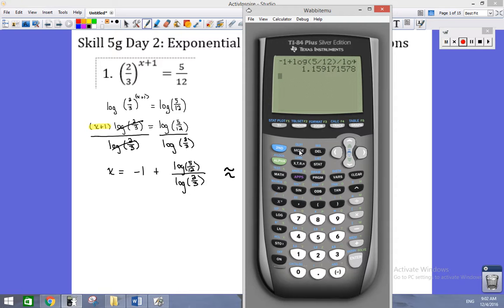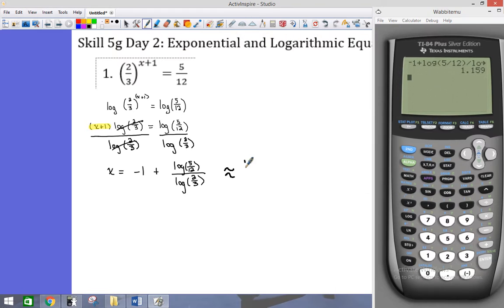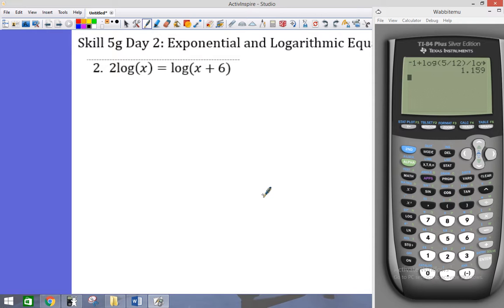All right, so I didn't have my calculator round to 3 decimals for me. I could do that, but hey, let the calculator do the work. All right, 1.159. So the exact answer, the approximation. All right, so let's go on to the next one here.